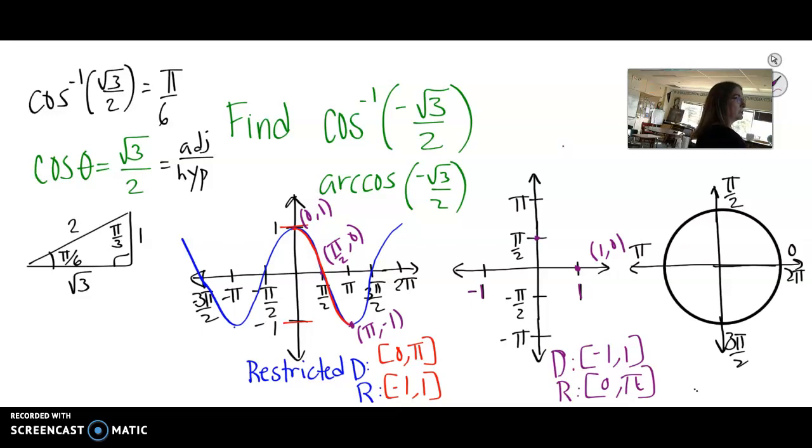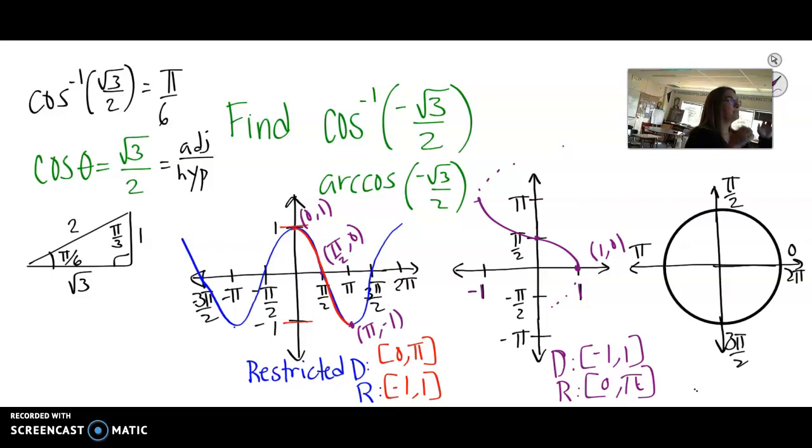Interchange it, and negative 1, pi will be on the inverse. So the inverse graph looks like that, and it stops, because if I continued on in these directions, I would end up with a graph that is not a function. So this is the inverse function for cosine inverse, its function graph.